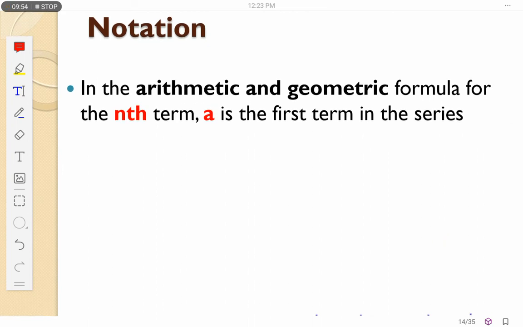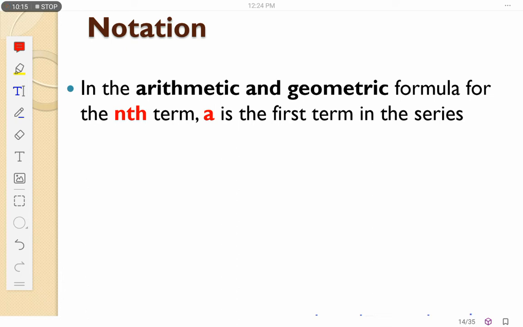We've got what we call the nth term. In arithmetic and geometric formulas, for the nth term, we are going to use A, which is the first term. Okay, so that's what we are going to do.